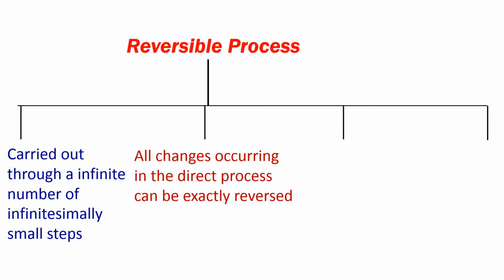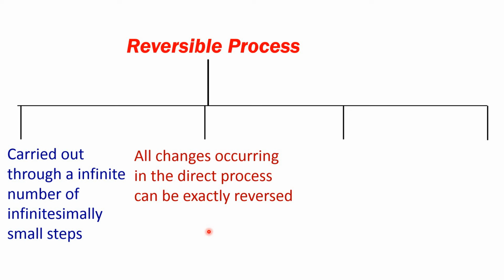Then, all the changes occurring in the direct process can be exactly reversed. What does it mean? That means any forward process can be easily reversed back. You can take it in the backward process.